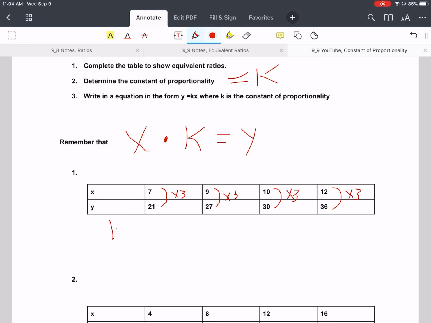So k equals 3. For any x value, if we multiply it by 3, we get our y value. In order to write our equation, we simply replace the letter k with 3. Our new equation is y equals 3 times the value of x.